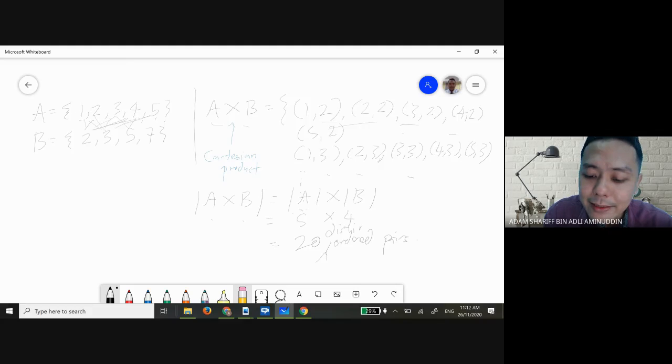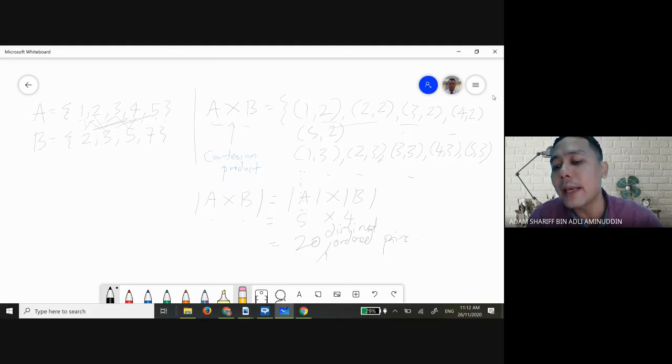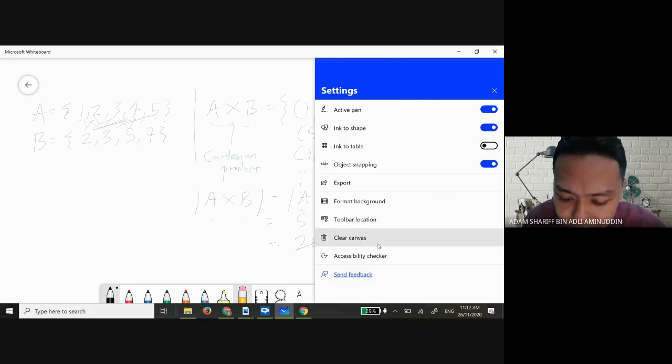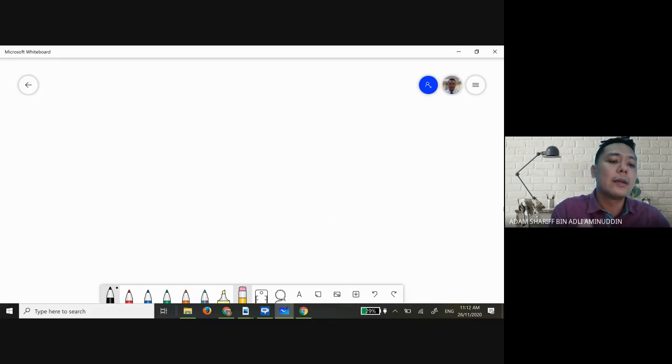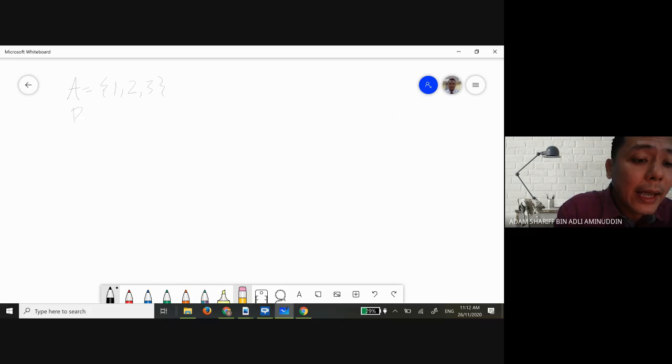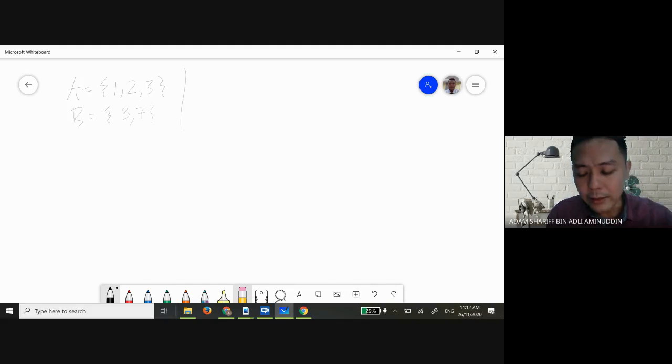Kena berbeza. Okay, saya tunjuk sekejap. Contoh yang pendek. Let me cut it short to A equals 1, 2, 3, and B, let it be 3, 7. Boleh pendek je. Okay. Depends on the question.